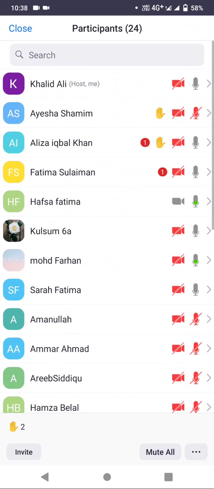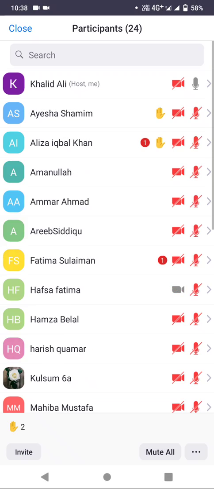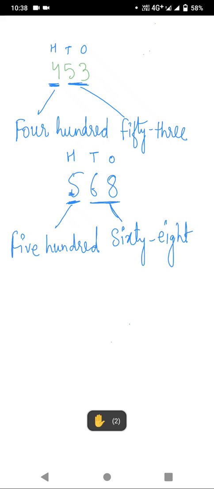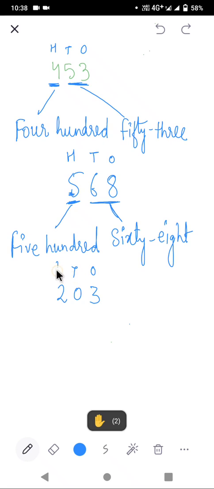And I told you that when 0 is there, there is no need to write the spelling of 0. Okay, let's take one example which has 0. It is 203. So split it into two parts.